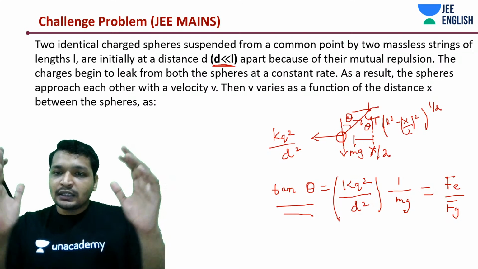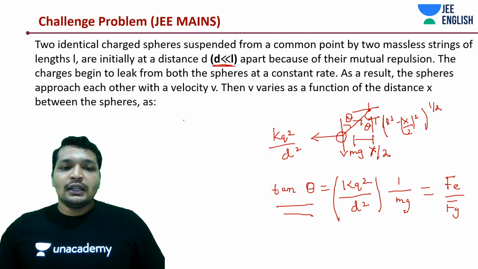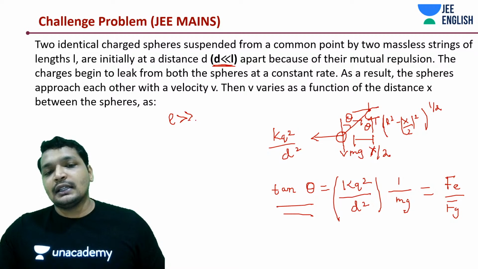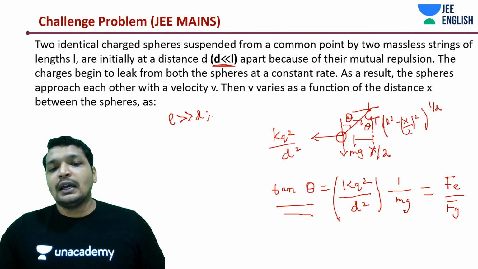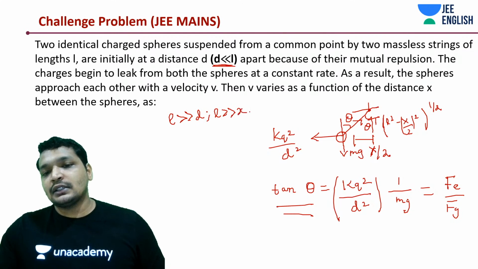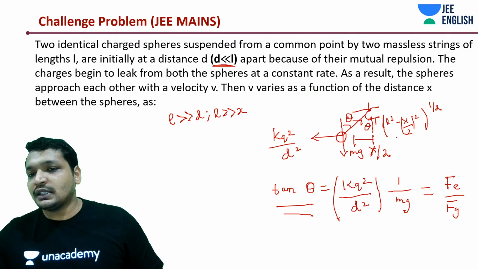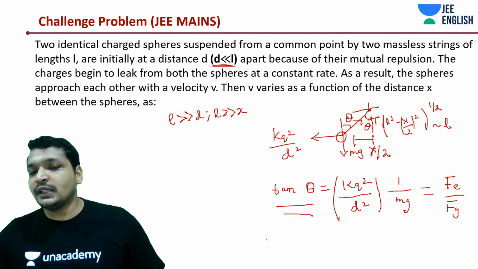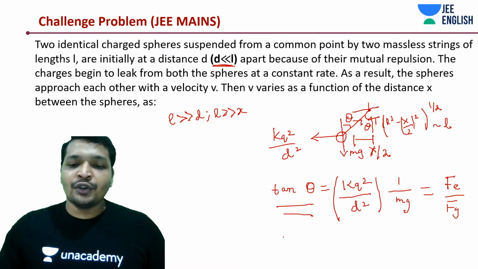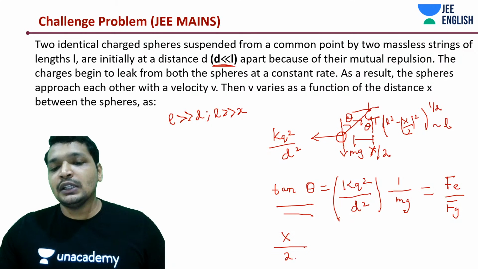As the charge is leaking, they are moving towards each other. Since L is greater than d, L is also greater than x. So this is approximately just L. L square under root would just be L. So this is going to be x by 2L.